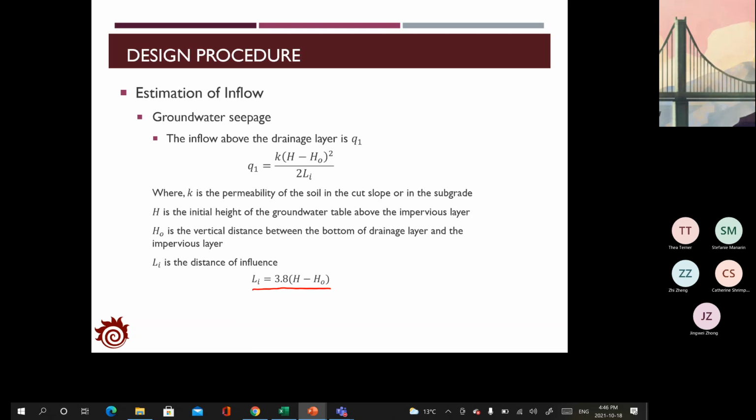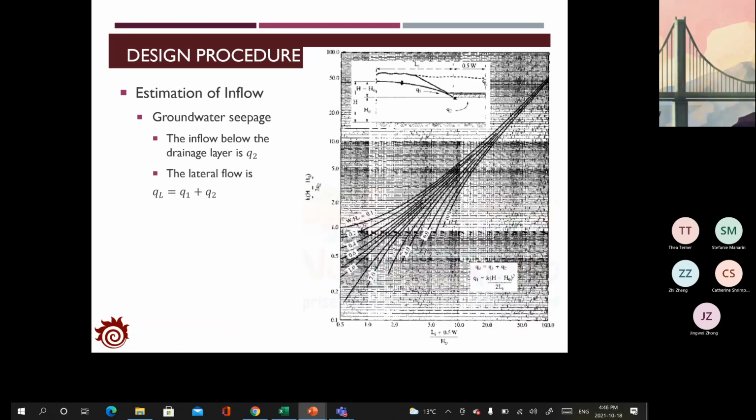And we also have a function to calculate the inflow below the drainage layer. Here we're only talking about the groundwater seepage. And usually for the inflow below the drainage layer, we do not have any equation to do the estimation. We usually have some empirical data to find out the relationship between this kind of inflow with respect to the width of the pavement structure and the height of the groundwater table.